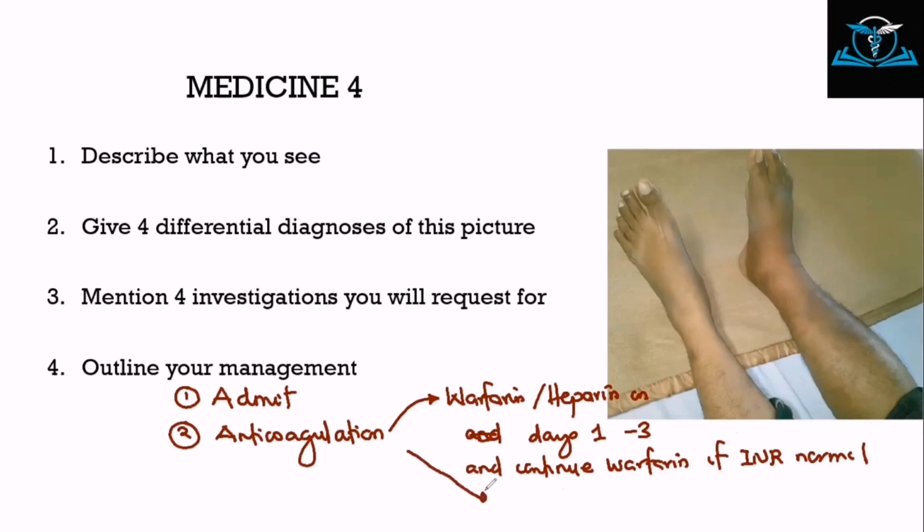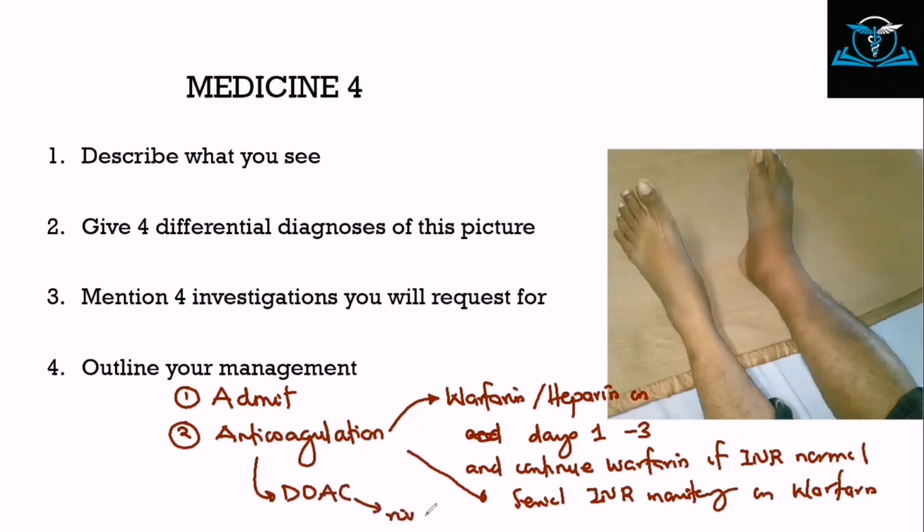And then you just write what? Serial INR monitoring on warfarin, right? And if you don't want to go through all this problem, anticoagulation with a directly acting oral anticoagulant. You can give an example: rivaroxaban. Admit, anticoagulation and of course limb elevation.